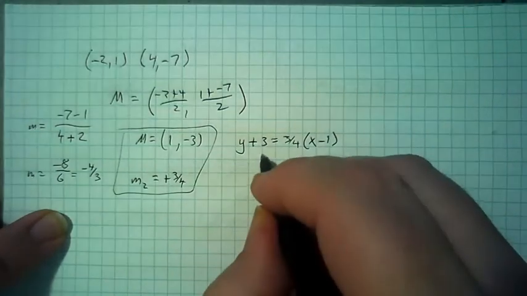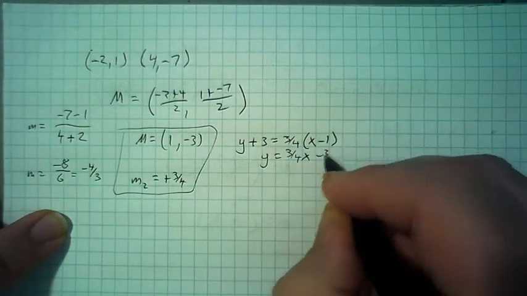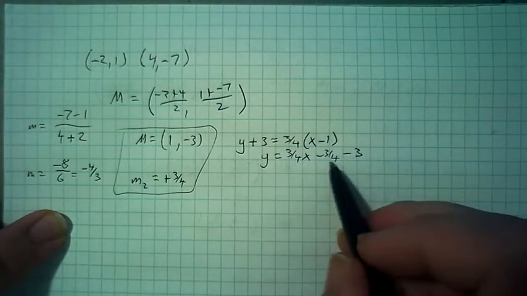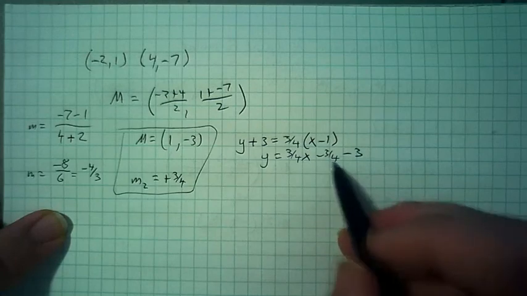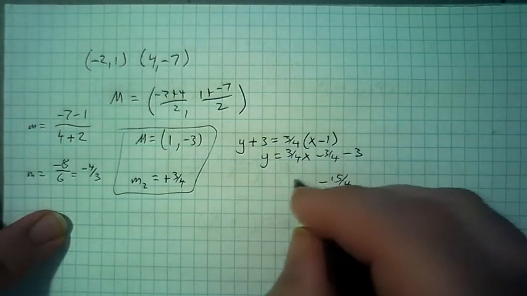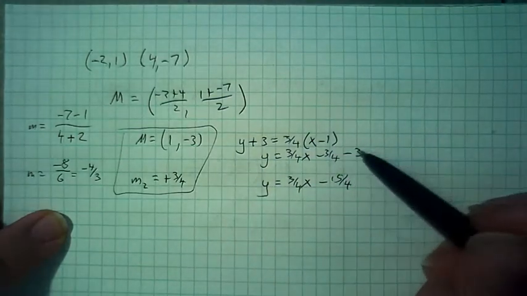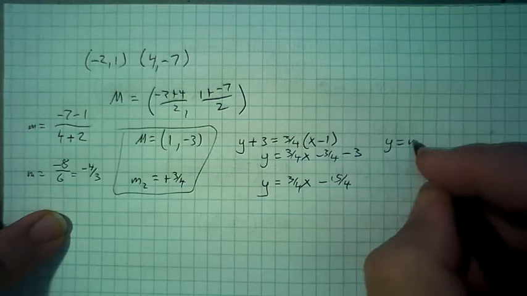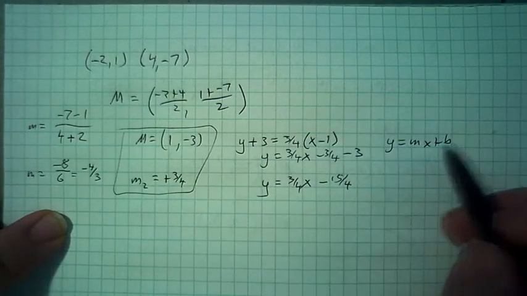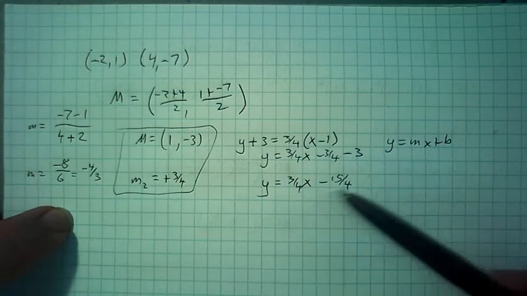If you want that in slope-intercept form, that'd be 3/4 x minus 3/4 minus 3. 3 is 12/4, so that makes a total of 15/4. If you don't like point slope form, you have to put it into y equals mx plus b, put the slope in, put 1, negative 3 in for x and y, solve for b to get your equation. But I think that's the long way around. I much prefer this.